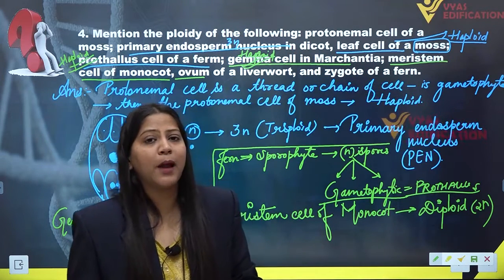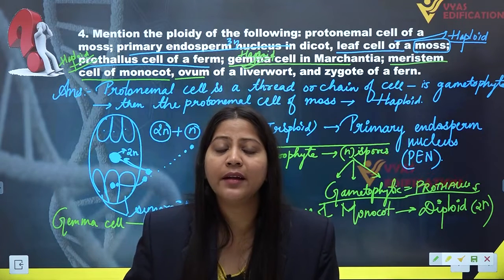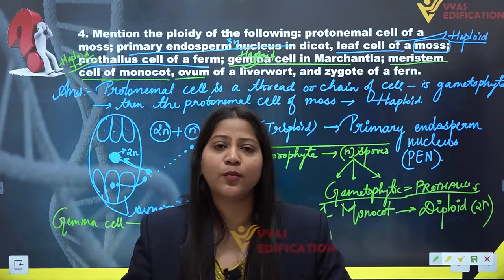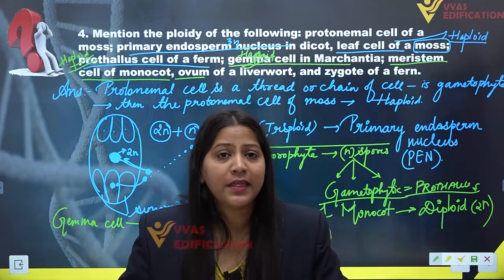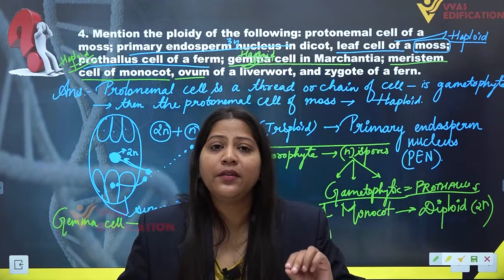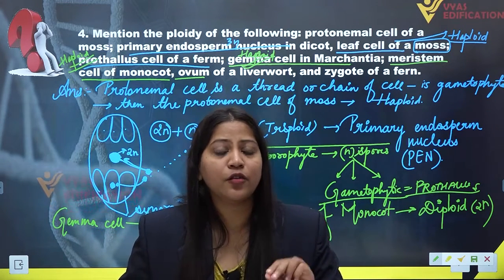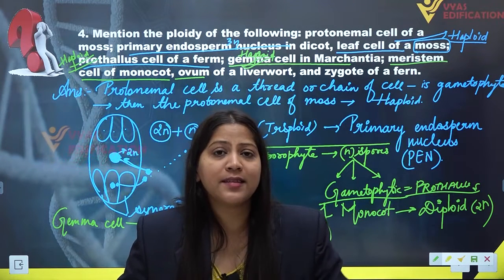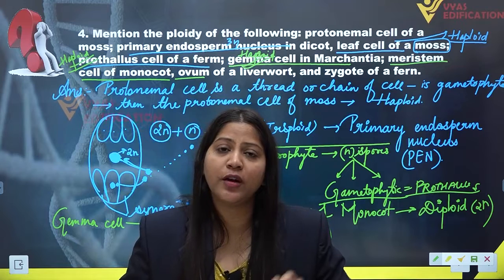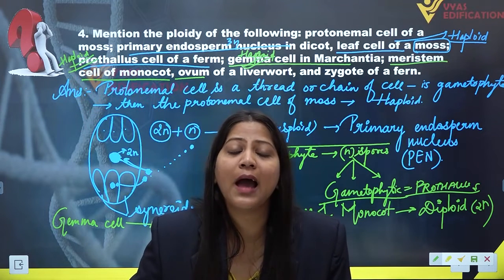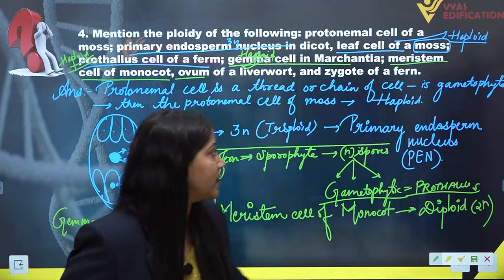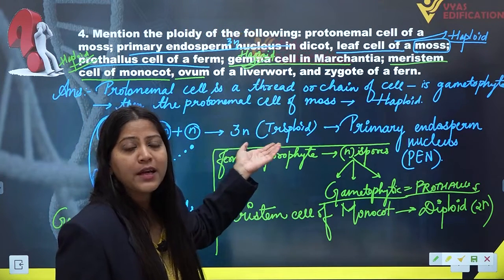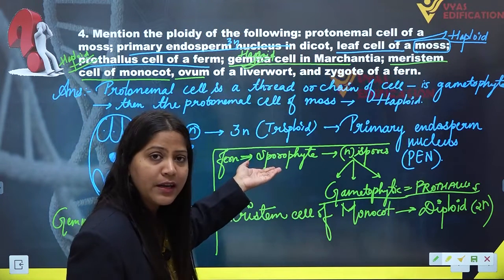If the gametophytic plant body is producing sex organs, female as well as male, then the respective gametes formed inside the female and male reproductive structures would always be haploid, as the dominant plant body in liverworts is haploid.